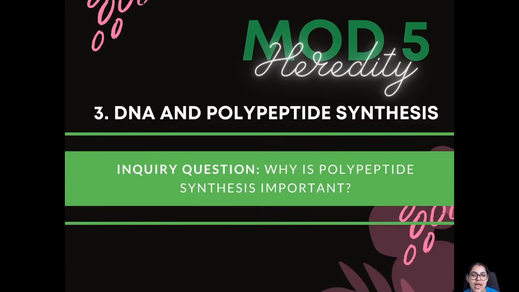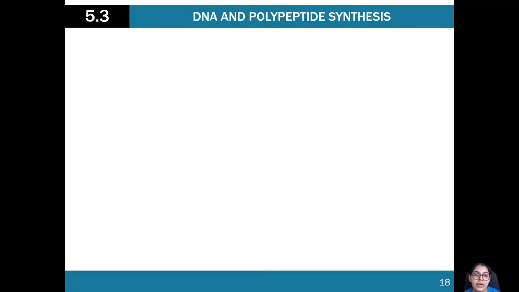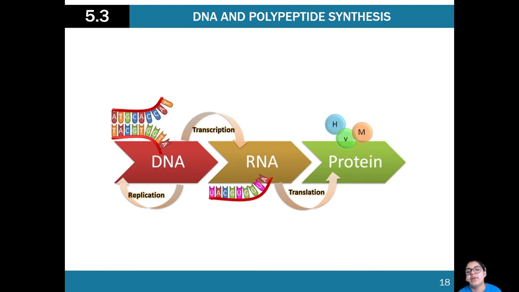Now let's have a look at DNA and polypeptide synthesis. And our inquiry question is, why is polypeptide synthesis important? So this diagram is the key here. This is our central dogma. We essentially begin with DNA, where replication has occurred. We replicate our DNA.